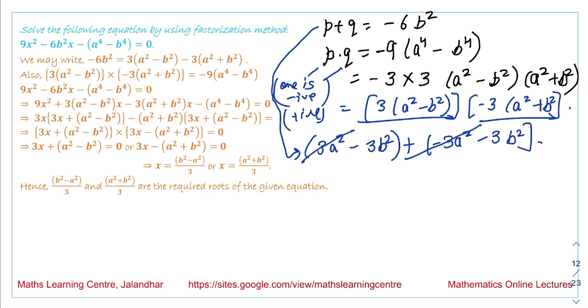The 3a square gets cancelled and we get minus 6b square as the answer. So these are the values of p and q. This is how we can split the middle term.